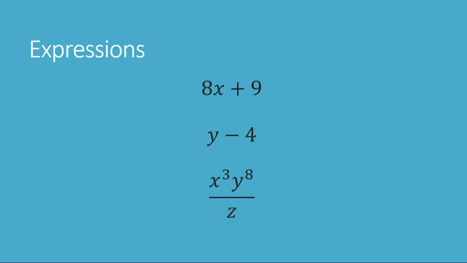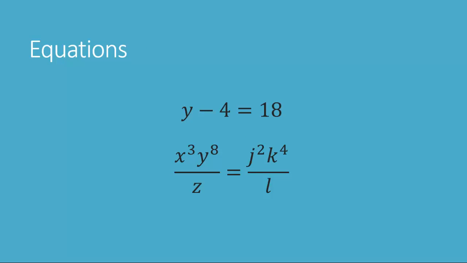Now, these are what you would call just expressions. They're numbers with variables, but they don't really necessarily mean anything. It's not until we add an equal sign that we actually turn these expressions and they become equations.